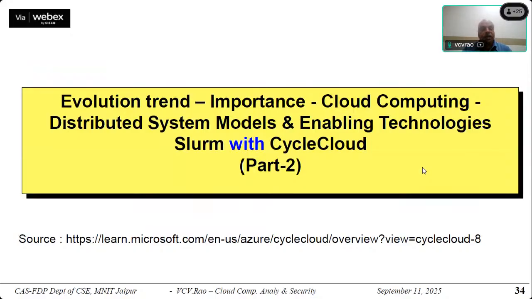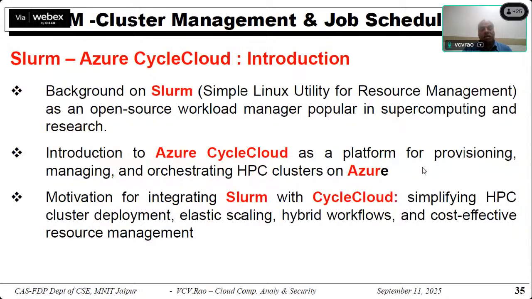Okay, let us see Slurm Azure CycleCloud. What is the background? Slurm means Simple Linux Utility for Resource Management. It's an open source workload manager, popular in many supercomputing centers.